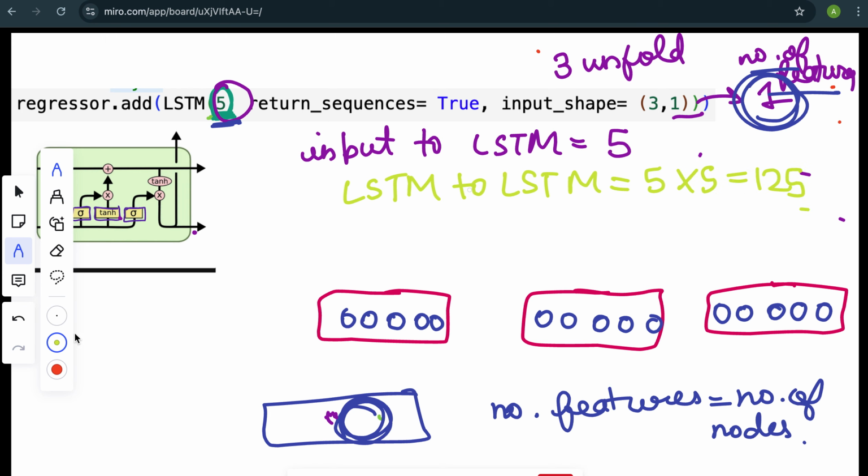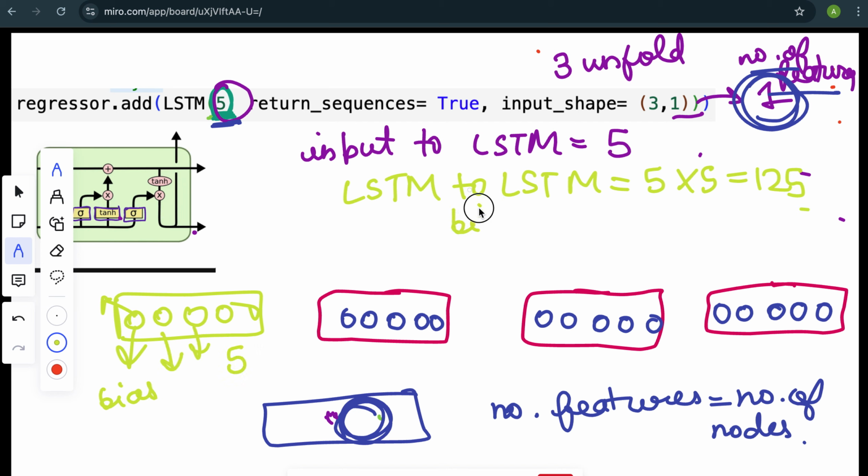And then these nodes will have biases. Each node will have its own bias, so it will have 5 biases. So bias in LSTM is 5 again.